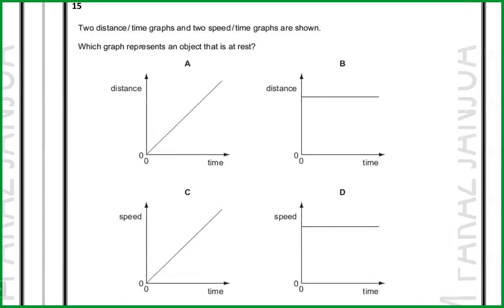Question number 15. Two distance time graphs and two speed time graphs are shown. Which graph represents an object that is at rest?